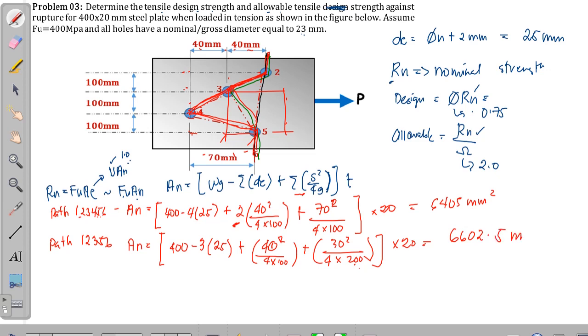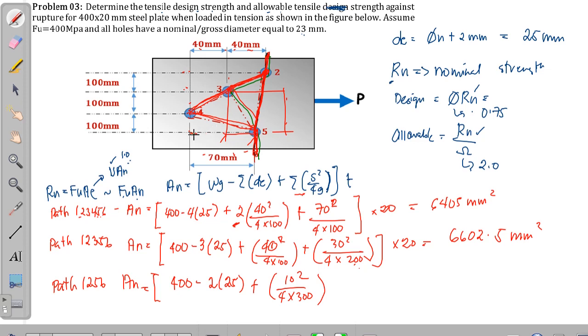So, yung magiging net area natin dito is equal to 6602.5 mm squared. Okay? And for our last path 1, 2, 5, 6. Okay? For our net area, that is equal to gross width 400 minus dalawa lang yung dadaanan niyang butas, so 2 times 25 plus 10 squared over 4 times 300. Bakit 300? Yung ito, 2 papuntang 5, 'di ba? Ito lang yung pag ito yung path natin, ito yung mag-i-staggered whole 2 and 5. Bakit 10? Okay.